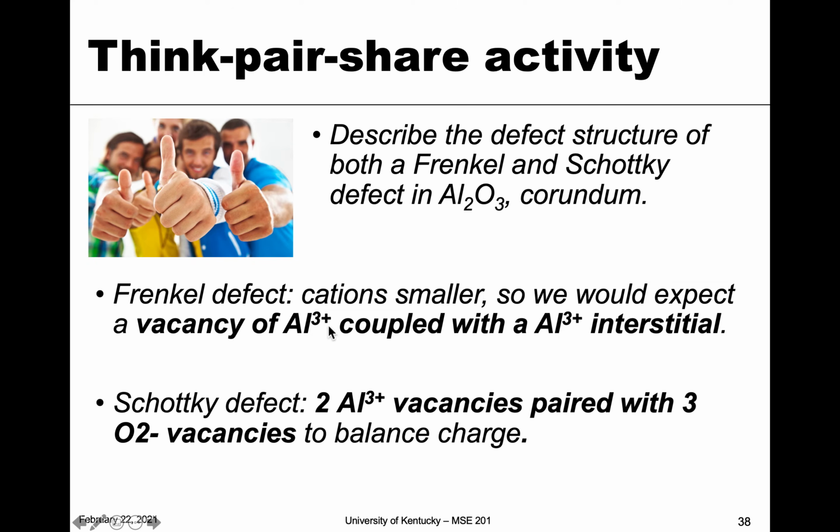So basically that aluminum, which is 3+ in this case, goes from its normally occupied site to an interstitial site. And so that's how we can describe a Frenkel. So it's just a movement of aluminum 3+ from its spot, creating a vacancy, to an interstitial site.